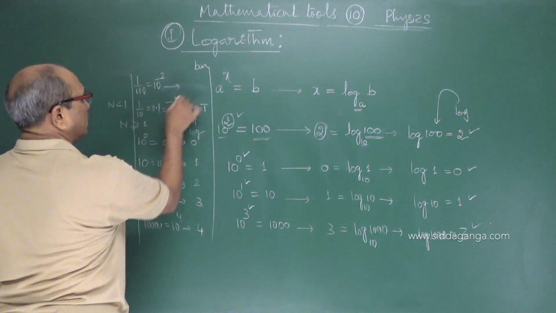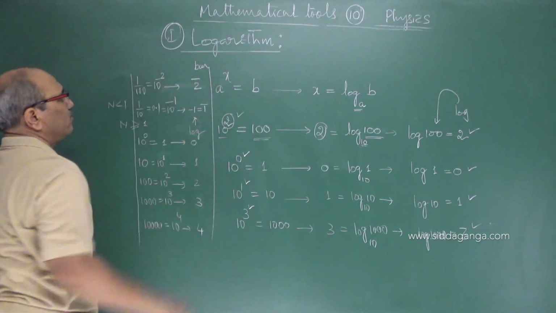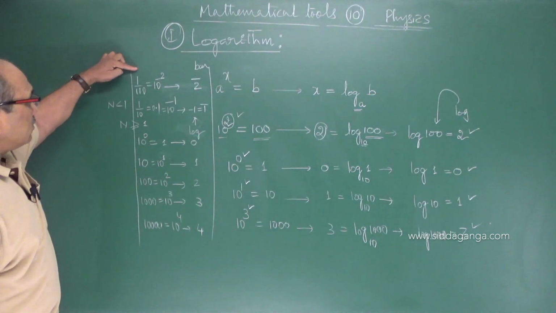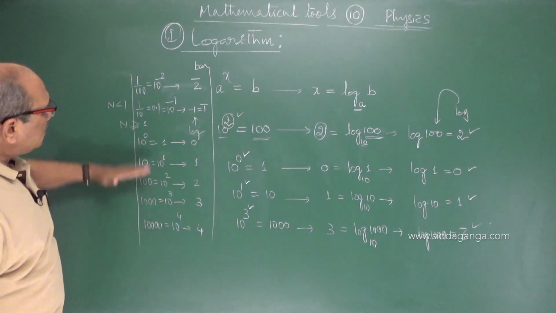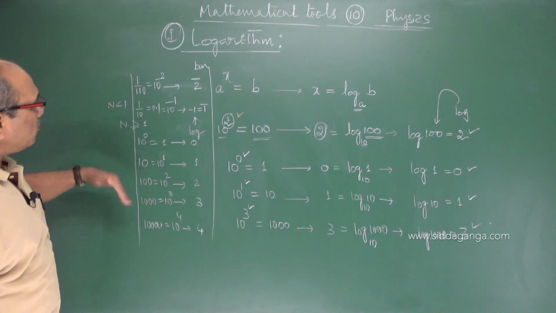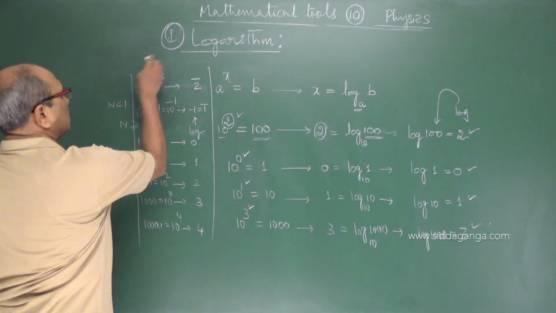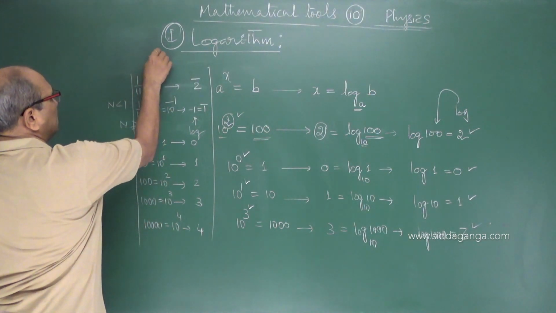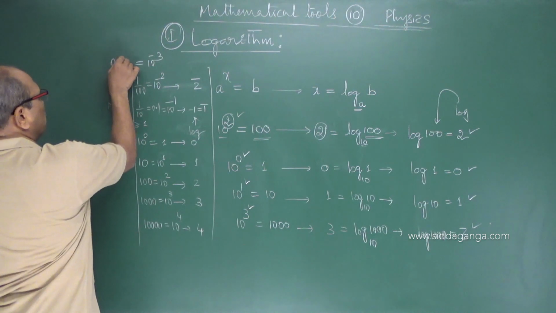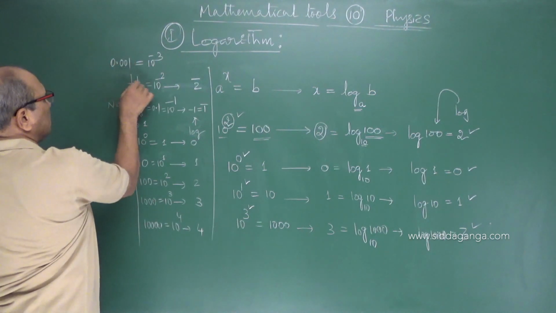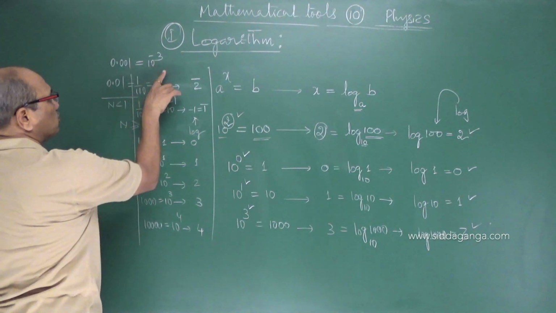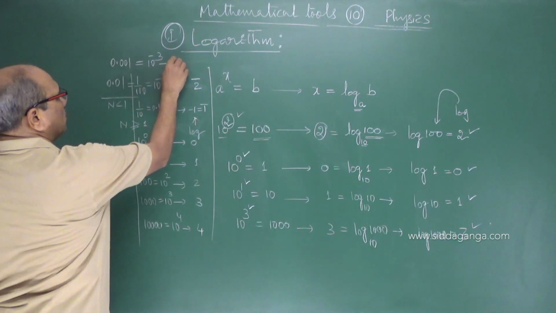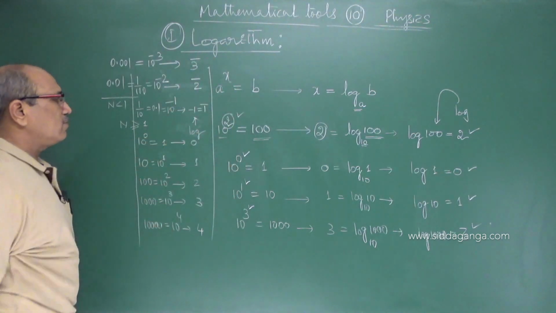So I can write its value as bar 2. If it is 1 by 1000, bar 3. Even if you write 10 power minus 3 as 0.001, its log value is bar 3.